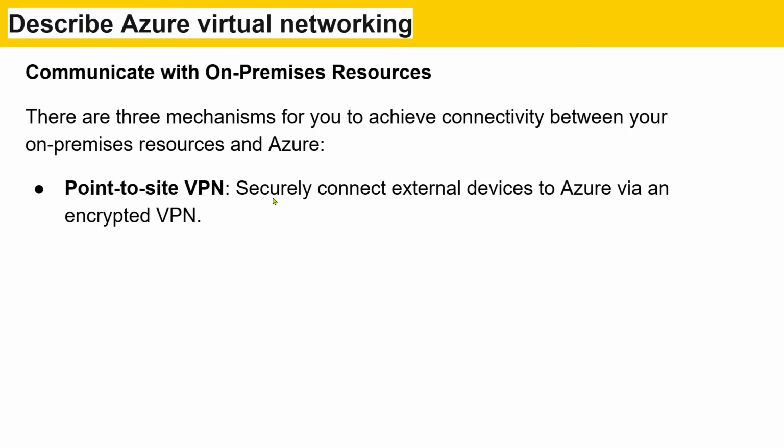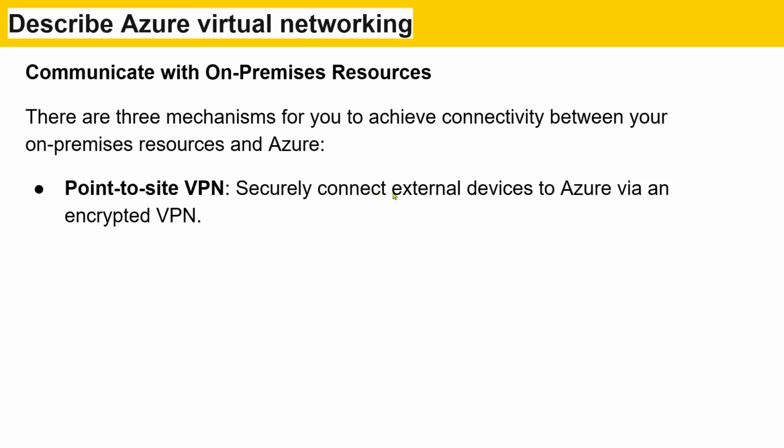So for example, securely connect external devices to Azure via an encrypted VPN. So on my premise, I have a computer. I want to connect to a cloud resource, to a VM for example. For that, I'll use a virtual private network and connect to my VM, which is there in the cloud.